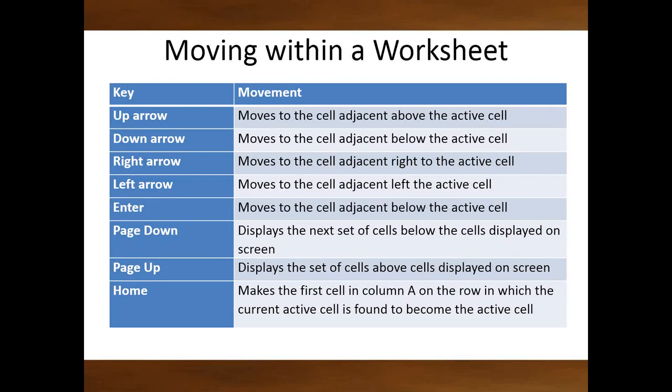Down arrow key moves to the cell adjacent below the active cell. Right arrow key moves to the cell adjacent right of the active cell. Left arrow key moves to the cell adjacent left of the active cell.